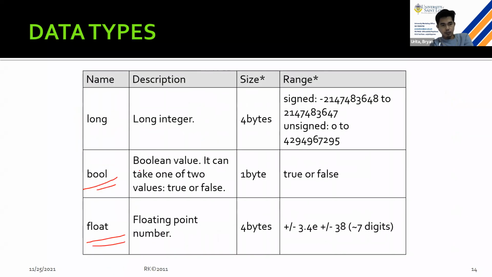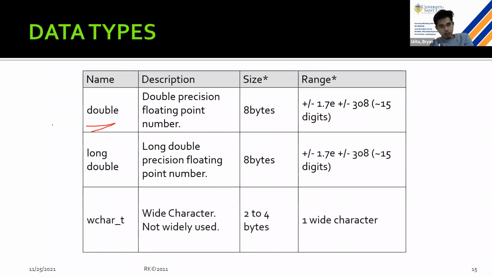Now, if you want boolean, getting true, getting false, and then float. These floats are real numbers, meaning 1.1, 3.7, so okay ba yan sa integer? And double is for a bigger size of real floating point.